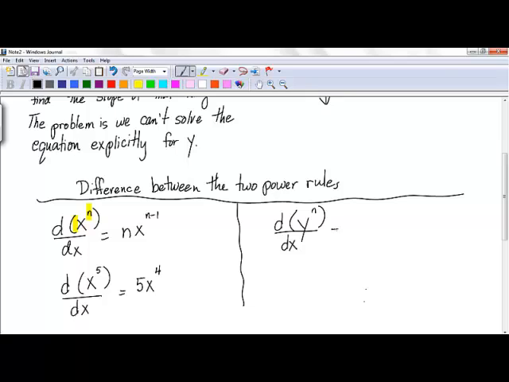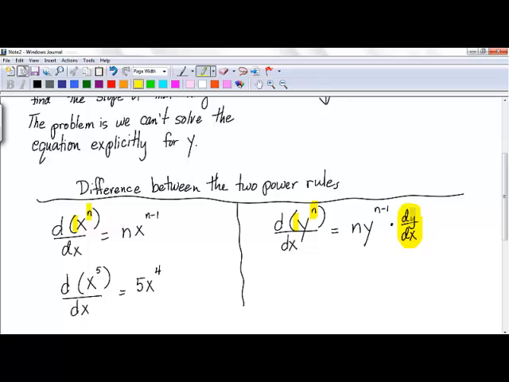Okay, now here you still take this exponent times the number in front, so it's still going to be n times y. You still depress that exponent by 1, to the n minus 1. Now here's the difference. Every y term is going to have an extra derivative of y with respect to x. Every y term, this is the difference, every y term is going to have that extra dy over dx.